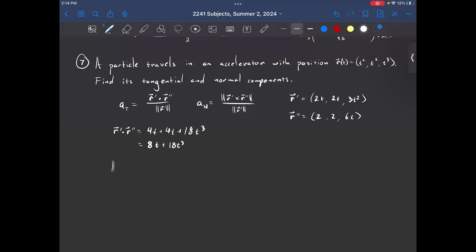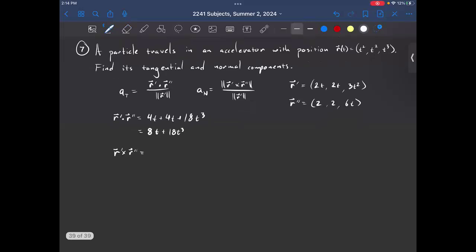And then I will also need the norm of r prime. Actually, let's compute r prime cross r double prime right now. That'll be a little easier later on. So 2t times 6t minus 3t squared times 2. So we have 12t squared minus 6t squared, which is 6t squared.